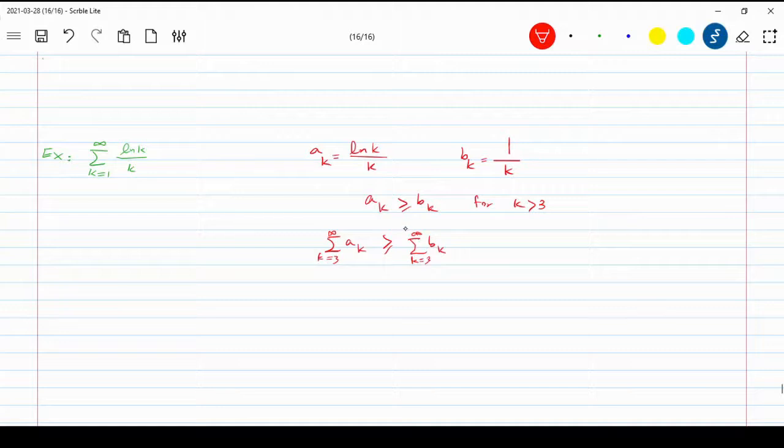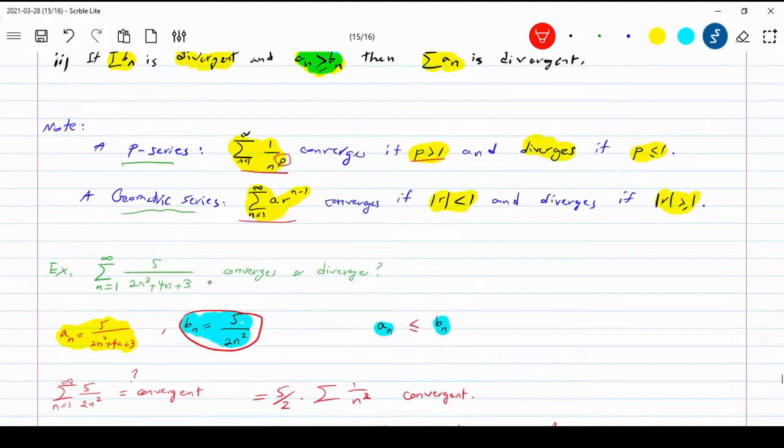So what can I say about the series of bk? The summation of bk's is the same as the summation of 1 over k. We already know this from the p-series again. 1 over n, 1 over k doesn't really matter.